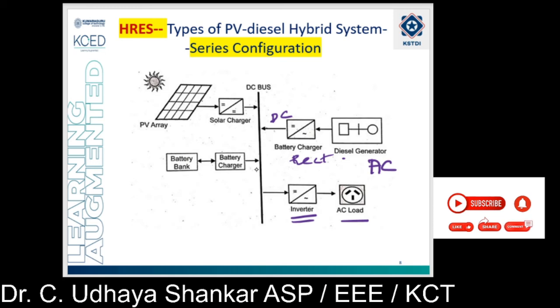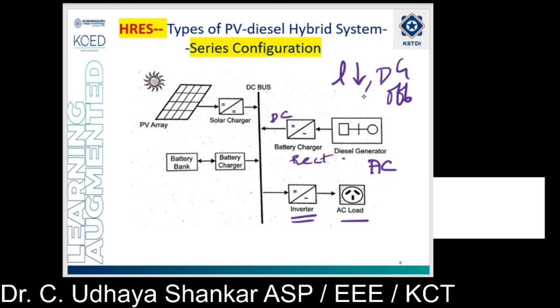The excess power from the diesel generator will be used to charge the battery bank, as well as a portion of it will be converted to AC and supplied to the AC load. And whenever the load is very low, the diesel generator will be off and PV will be on.